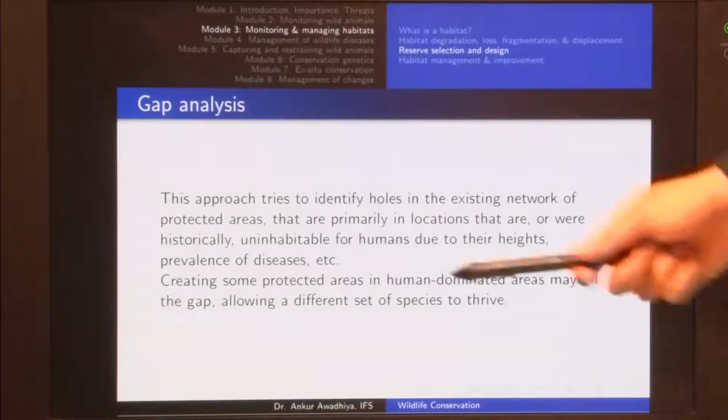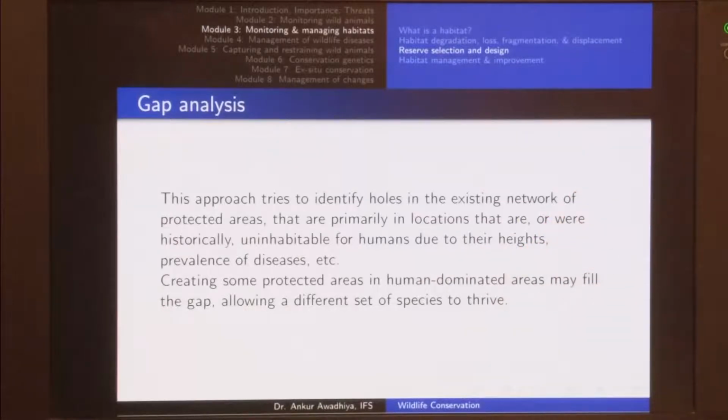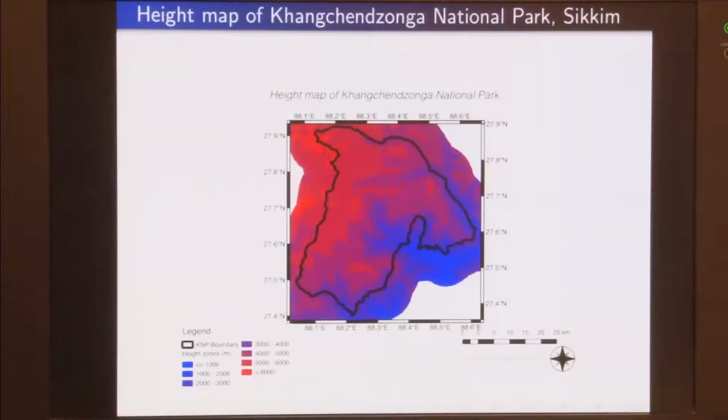So, creating some protected areas in the human dominated areas will fill the gap that exists between these two extremes of areas where we do not have any human populations, and this would allow a different set of species to thrive.